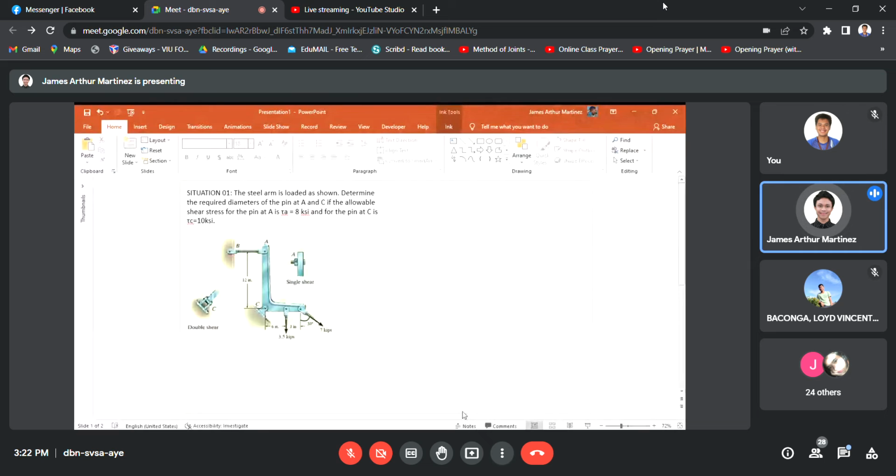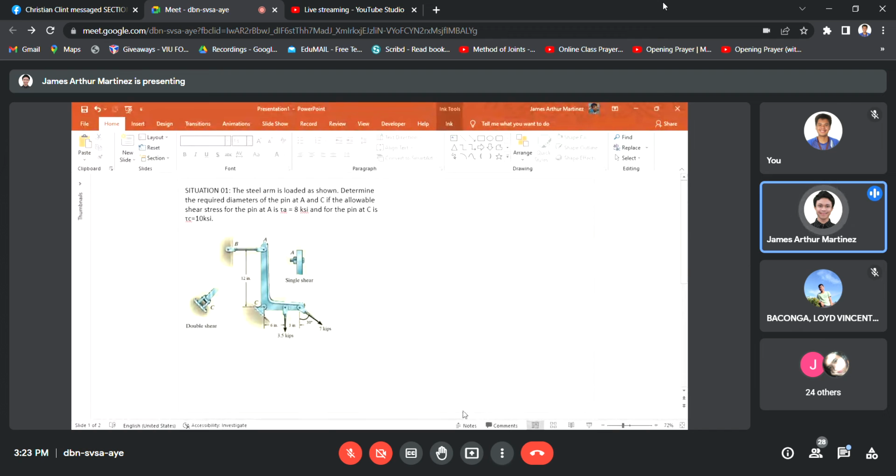First, of course, we have to determine the reactions at points A and C. That will be the basis for getting the required area for each of the pins. So you have to determine how much the pin is resisting, to get its required diameter.